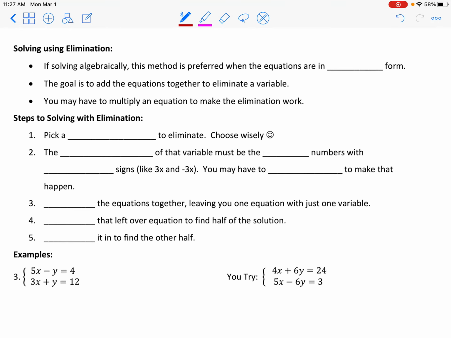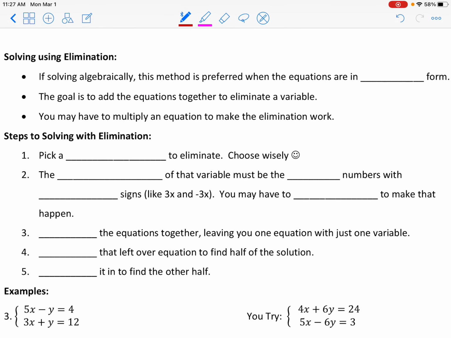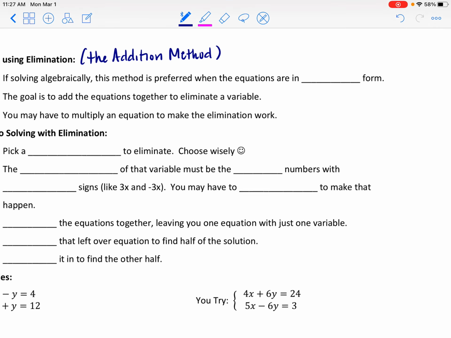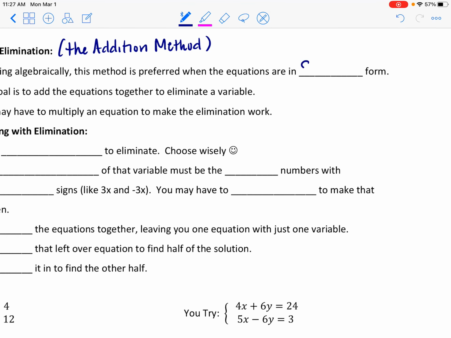We call it elimination. It's also sometimes referred to as the addition method. And you're going to see why in just a second. So elimination is also called the addition method. And what we're doing here, again, is if we're solving algebraically, this is going to be the method preferred when both of your equations are in standard form.